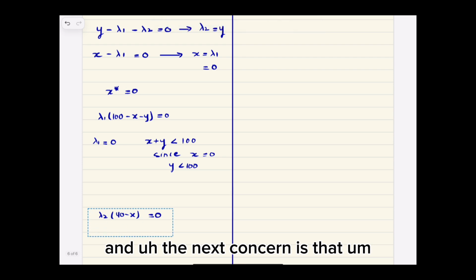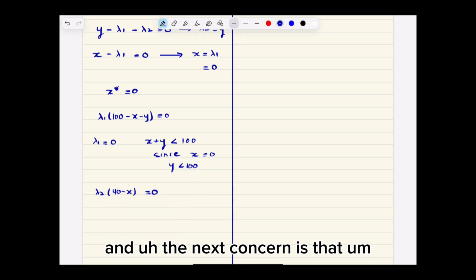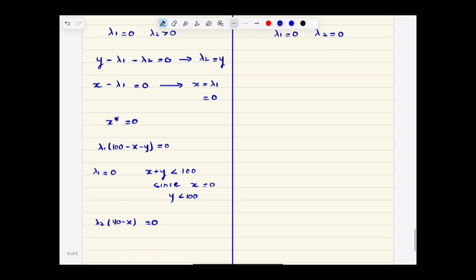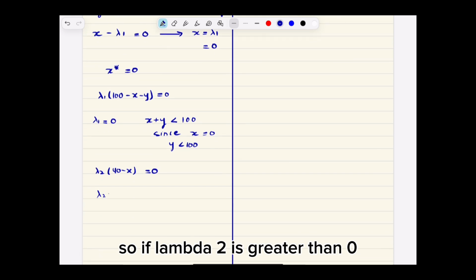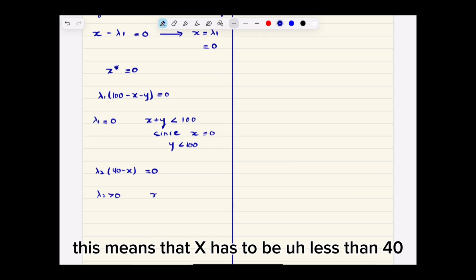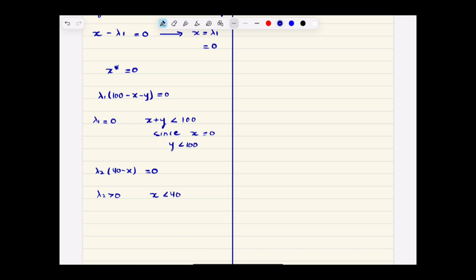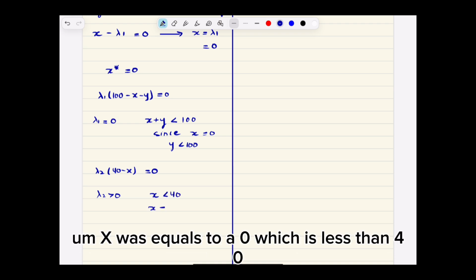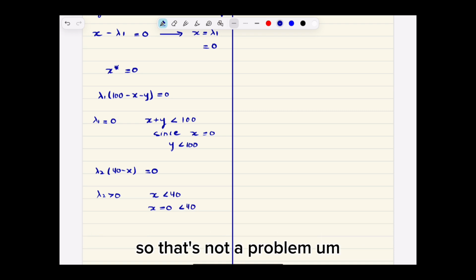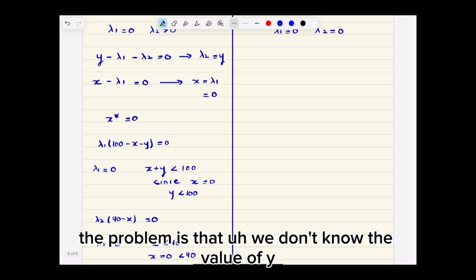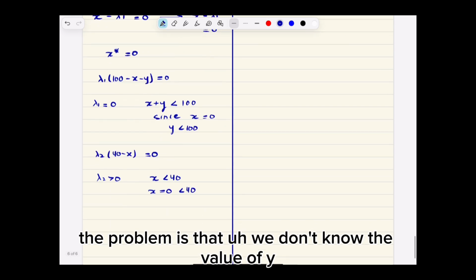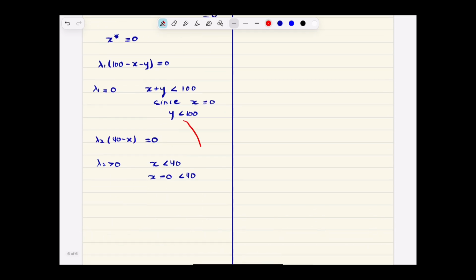And the next constraint is that we had lambda 2 greater than 0. So if lambda 2 is greater than 0, this means that x has to be less than 40. x was equal to 0, which is less than 40, so that's not a problem. The problem is that we don't know the value of y.